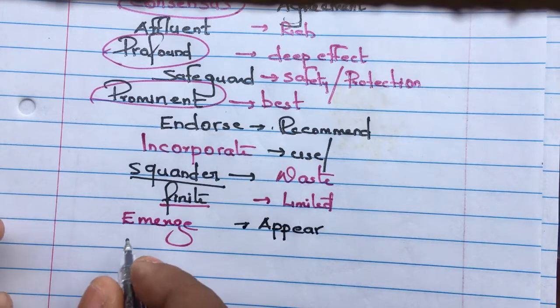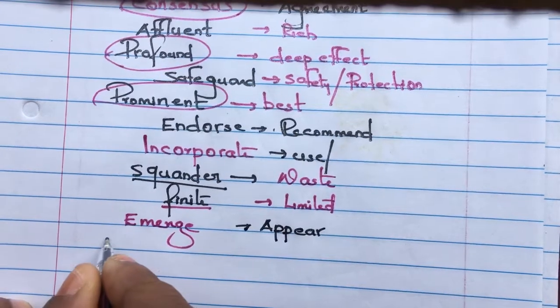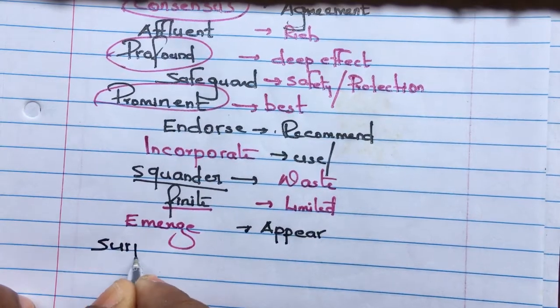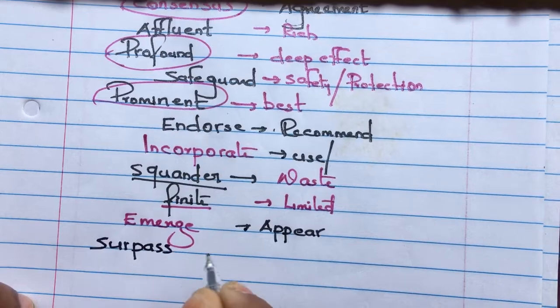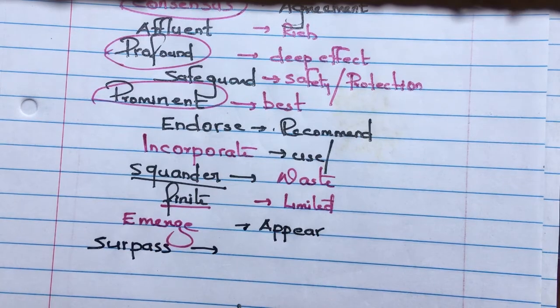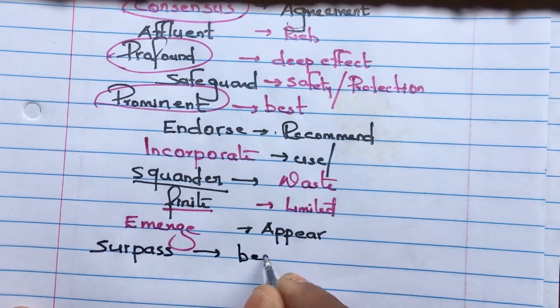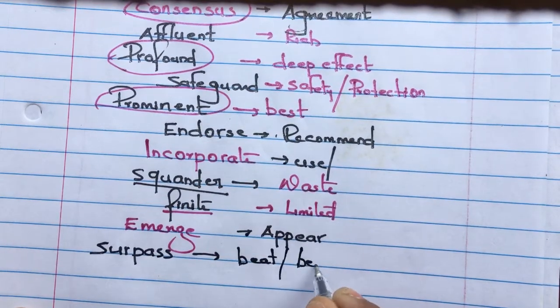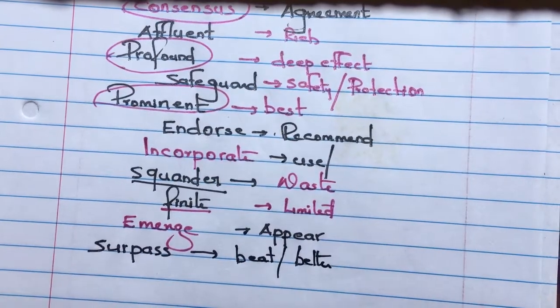And then there is another wonderful vocabulary word I could add, surpass. What is meant by surpass? Surpass means something you could beat, in simple terms, or that is better. For example, suppose two persons are running, you could say that Arjun surpassed Ravi in running.